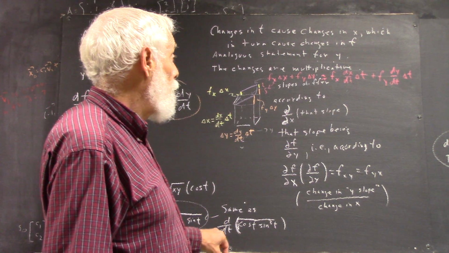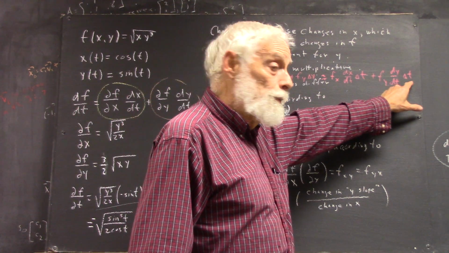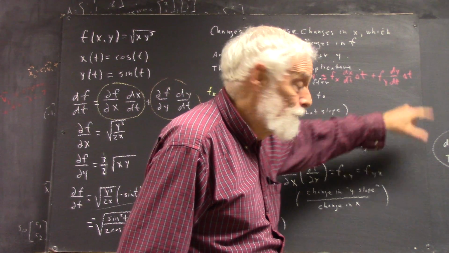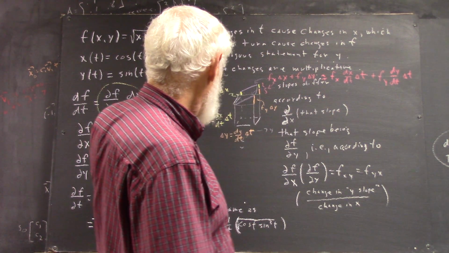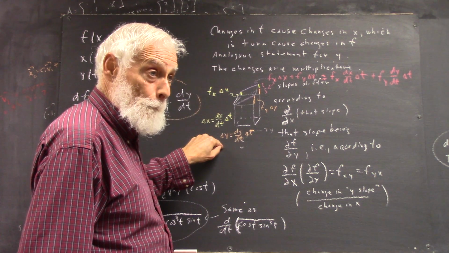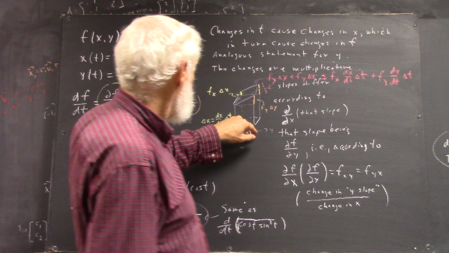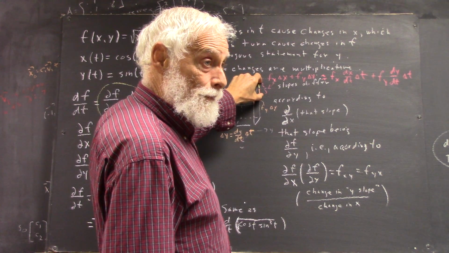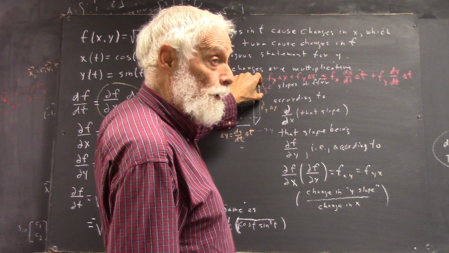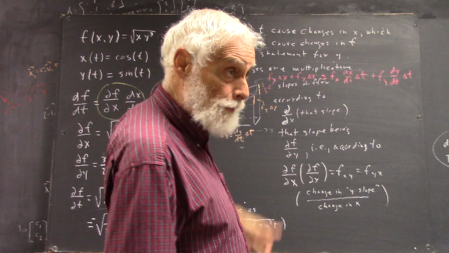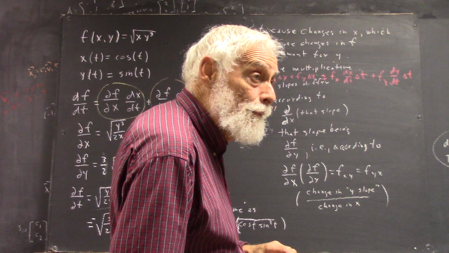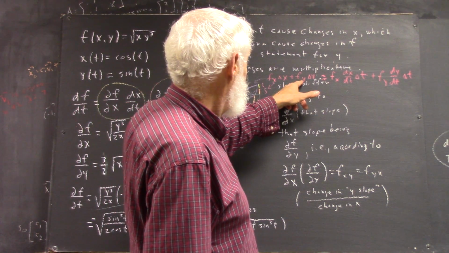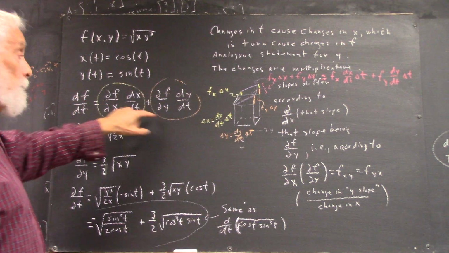So you've got a little tiny infinitesimal change in t, which causes little tiny changes in x and y, which in turn causes changes in the value of f. If delta t is tiny enough, and x and y are both differentiable and all that stuff, right?